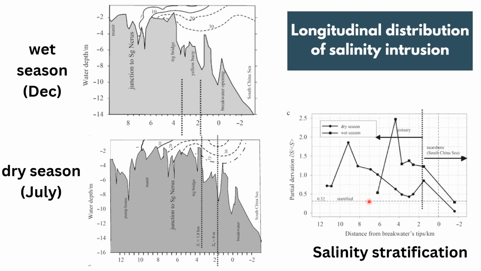So as we can see, during the wet season, the salt water that is coming from the South China Sea is not able to travel as far upstream compared to during the dry season, where we could still observe the salinity value much further towards inland compared to the wet season itself.